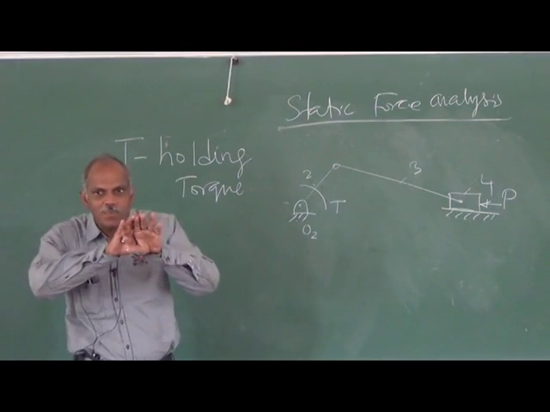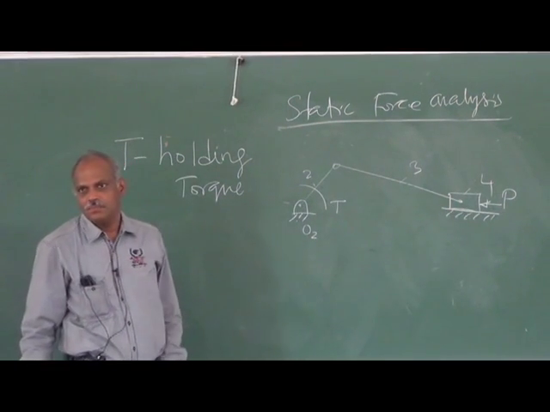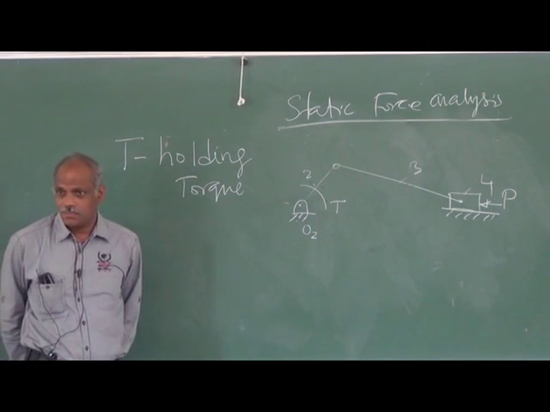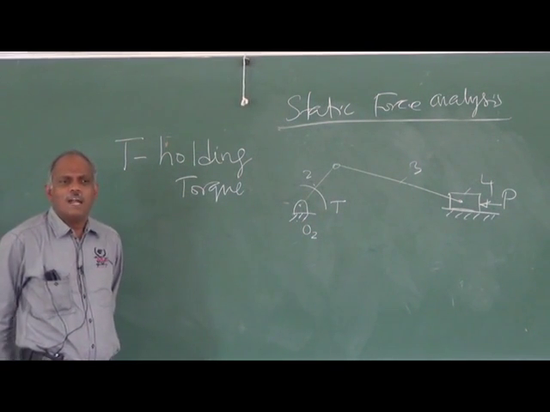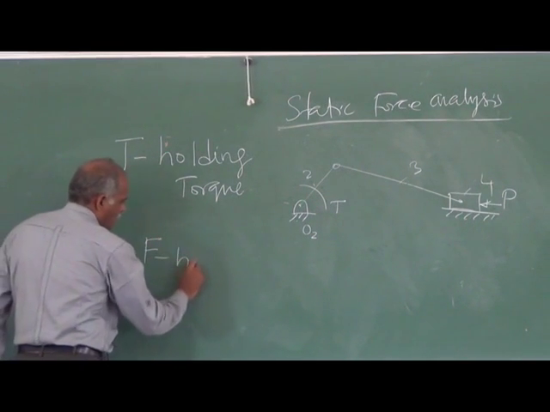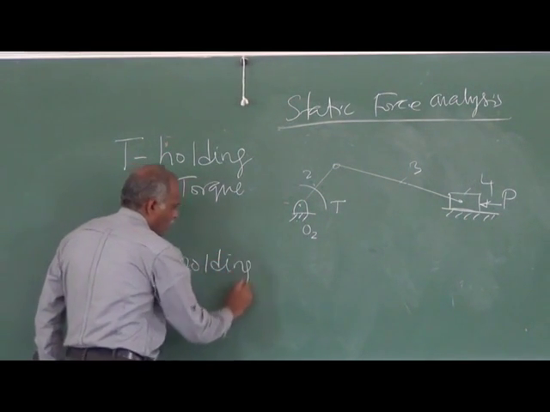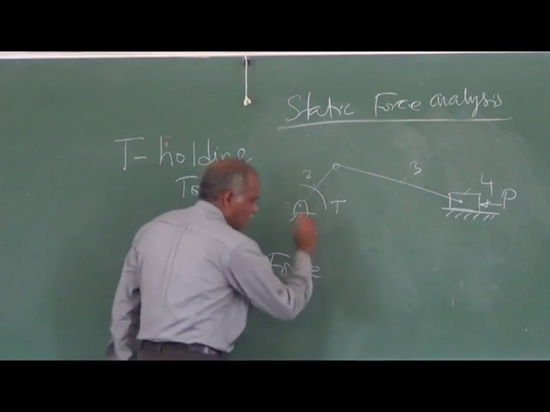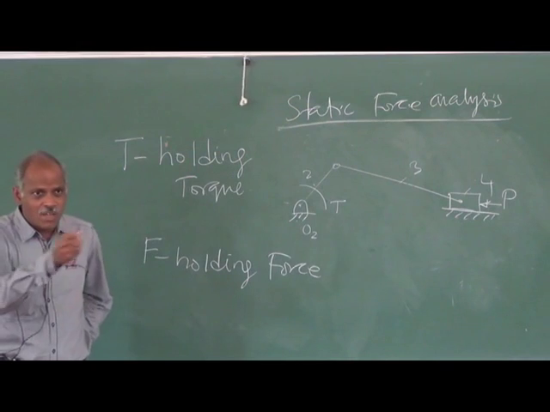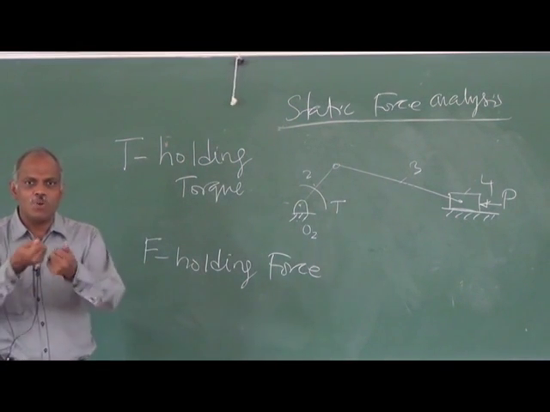The mechanism will be in a static condition. Such a torque we call a holding torque. Sometimes a force can be a holding force. A force can be called a holding force if it arrests the motion.